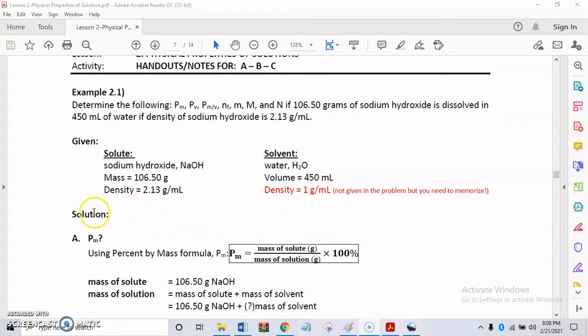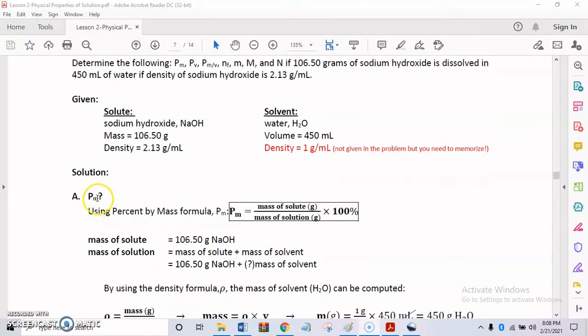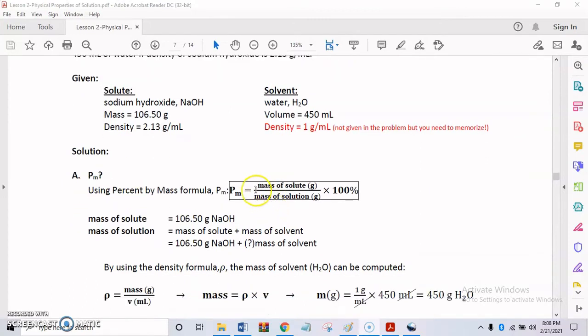Okay? Solution. Percent by mass. To solve this, we need to memorize the percent by mass formula, which equals the mass of solute in grams over the mass of solution in grams. So, mass over mass times 100%.